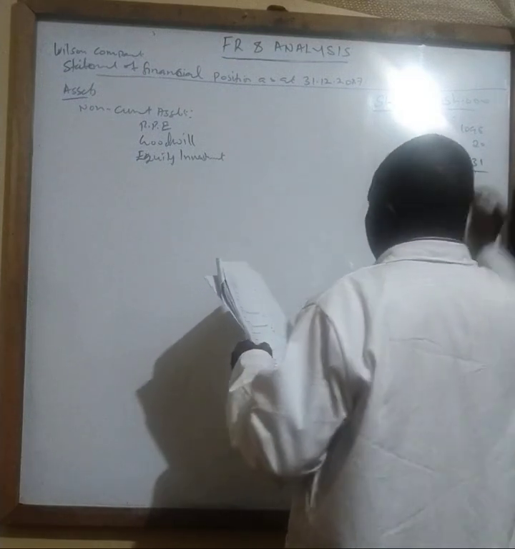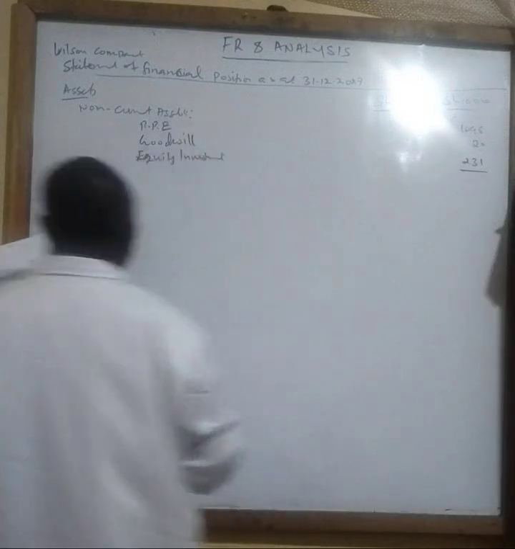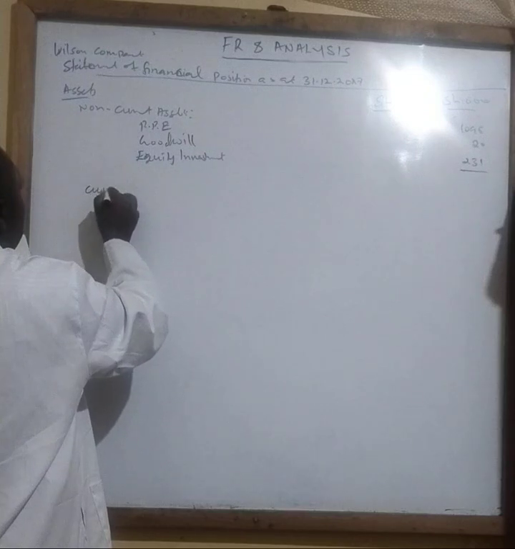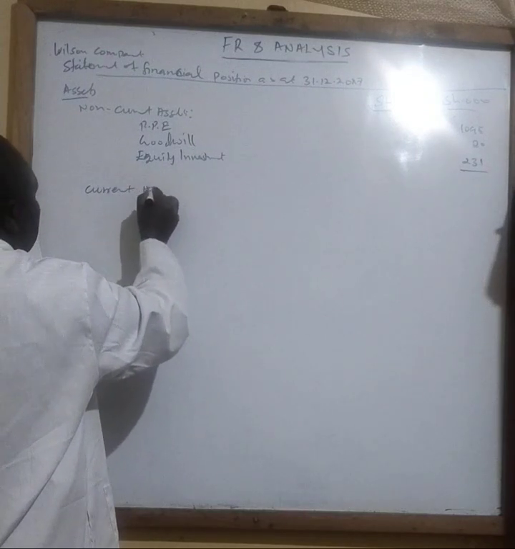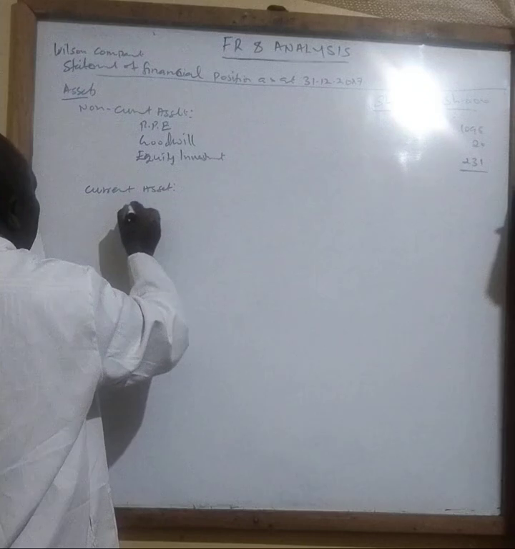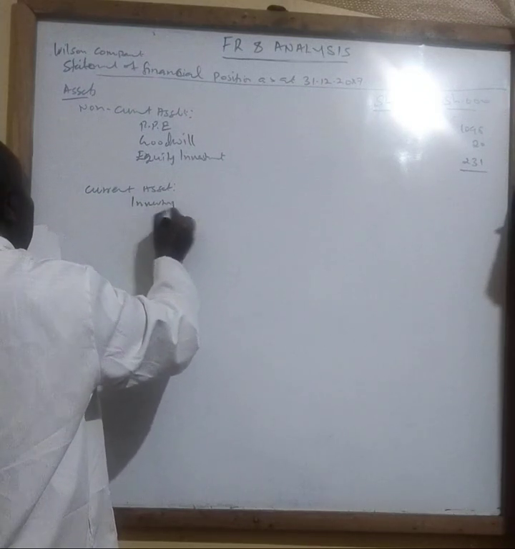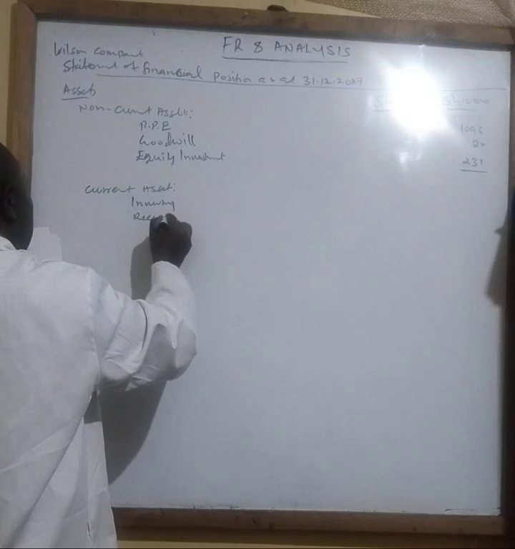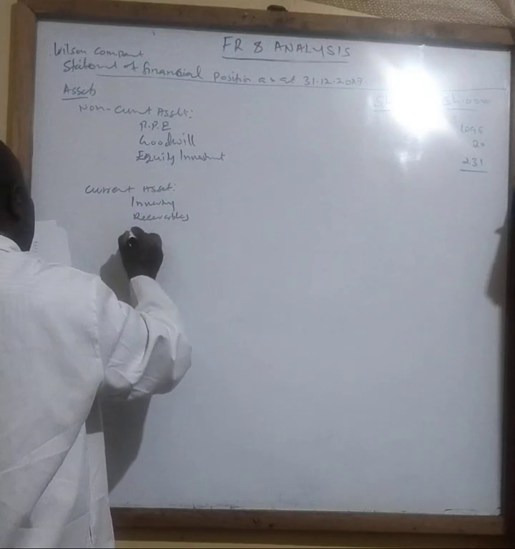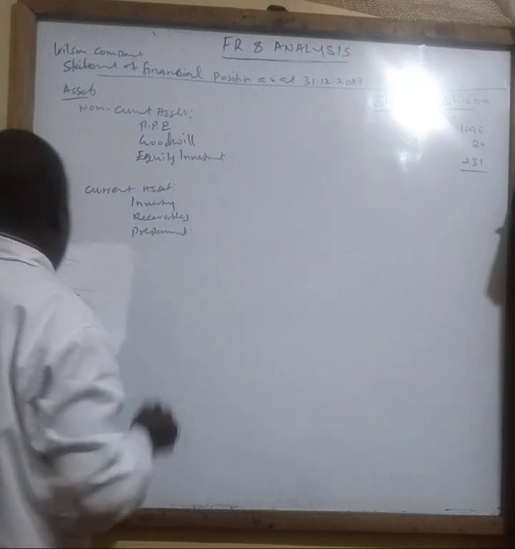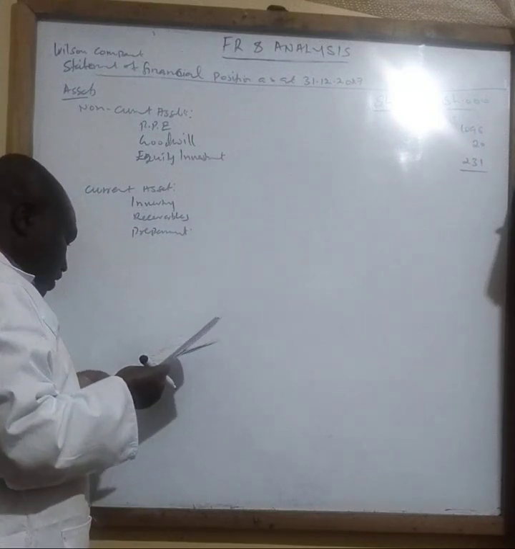You add 231. Then we have the current assets. We have inventory, receivables, and prepayment. You remember the prepayment? In this case, your work will be very simple.